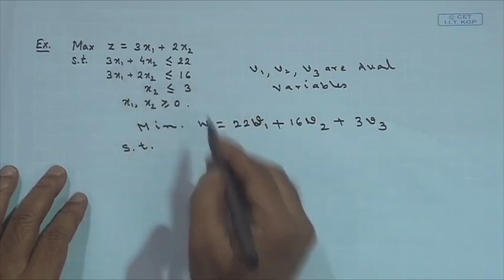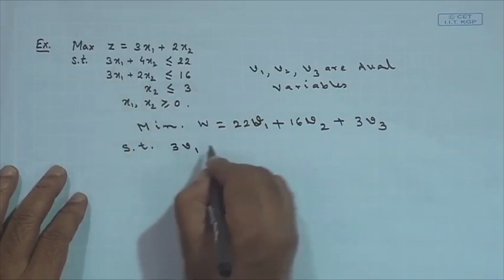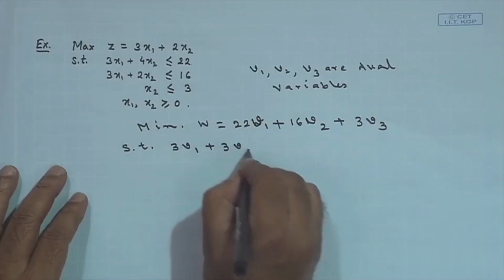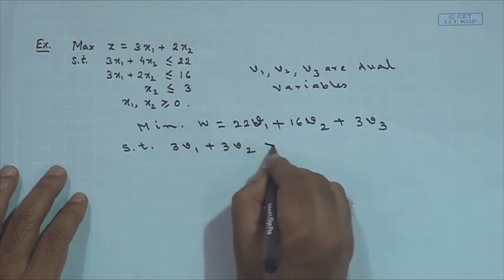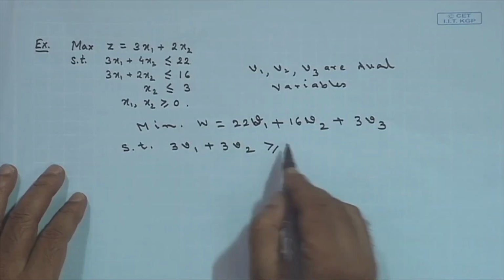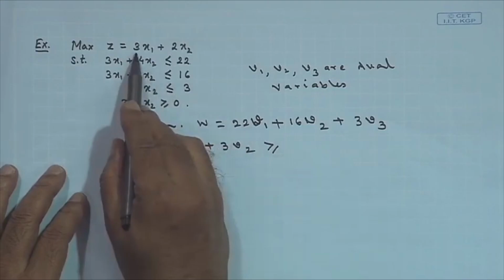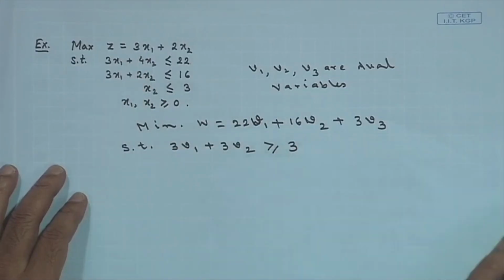So, for the first one it will be subject to 3 V1 plus 3 V2 greater than equals the value of Cj. Here, corresponding to the x1 variable it is 3. So, here it will be 3.